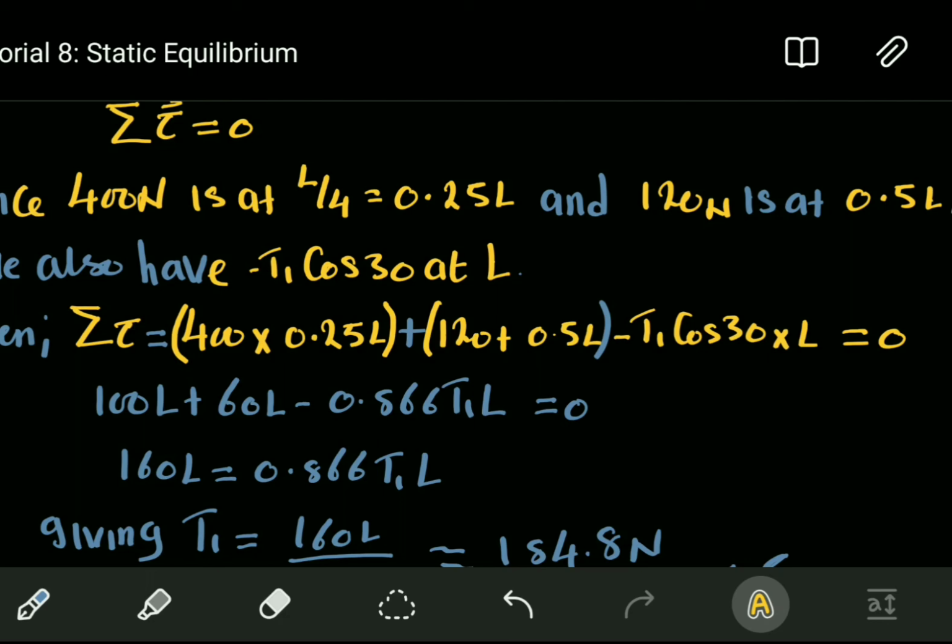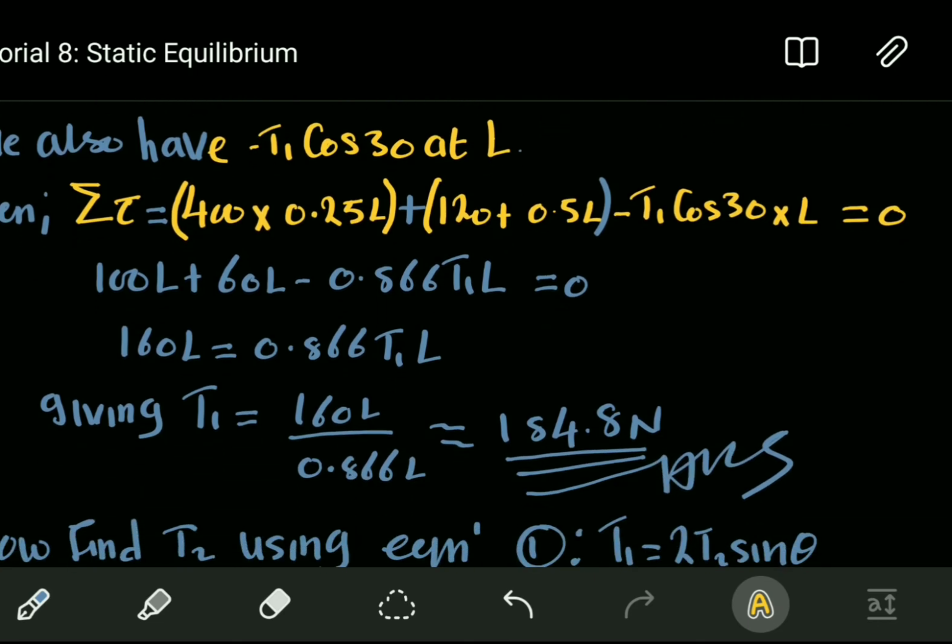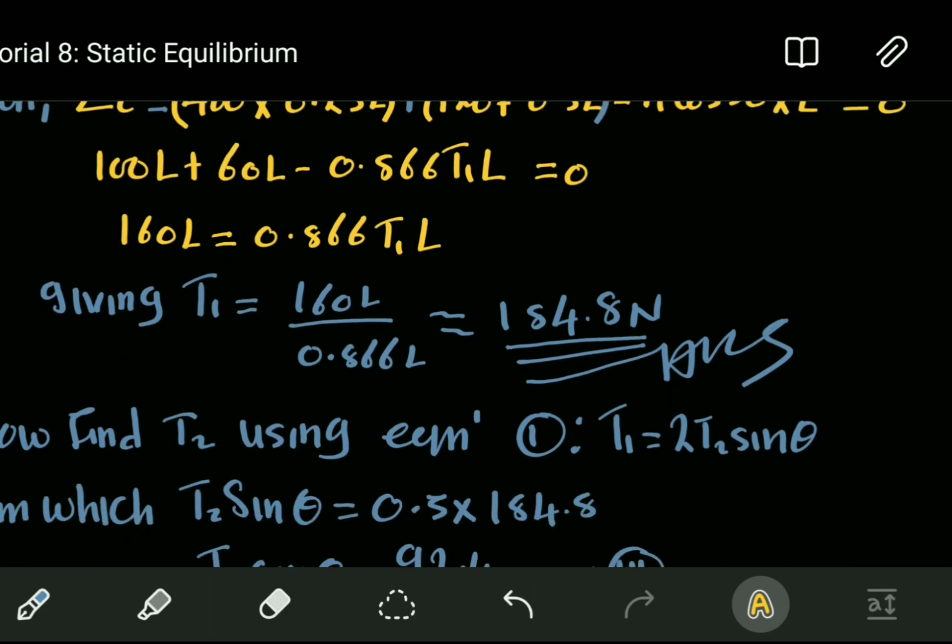Right, so then we can say 100 L plus 60 L minus 0.866 T1 L equals 0, from which we get 160 L equals 0.866 T1 L. From this we find T1 by dividing 160 over 0.866, and we get T1 as 184.8 newtons.